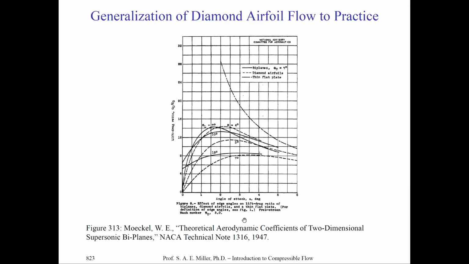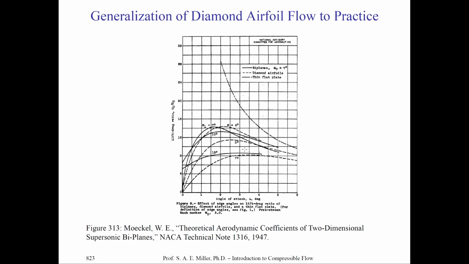Now, you'll see on the x-axis, we have angle of attack, and the y-axis has the lift-drag ratio, which we just derived for any of these problems, CL over CD. You could easily find CL and CD for the diamond airfoil and the biplane using the exact same theory, and that's what he did in his publication in 1947 to plot these results. And of course, for particular angles of the vehicle, he's shown these on the graphs.